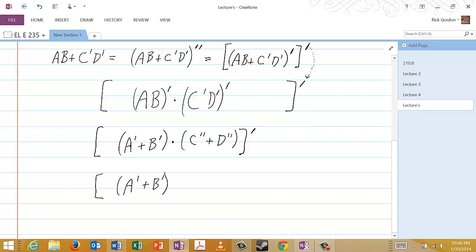We'll bring down the first term, A complement or B complement. But now C complement complement, just like X complement complement is equal to X, so is C complement complement equal to C. So this is C or D. And then we have this complement sign on the outside.